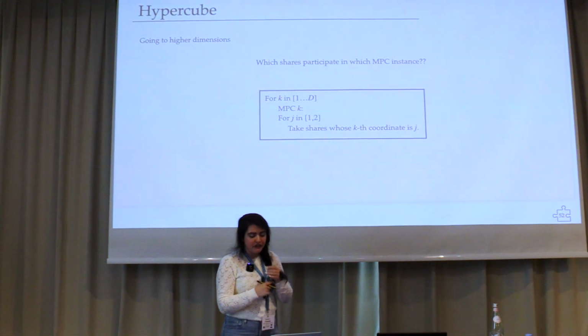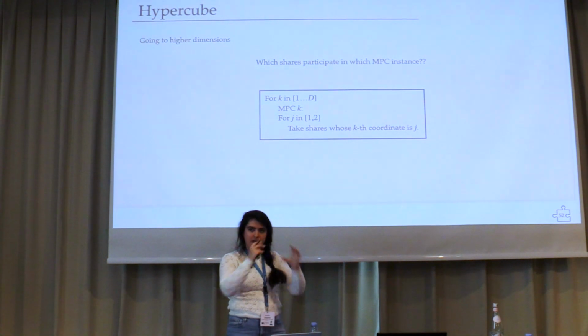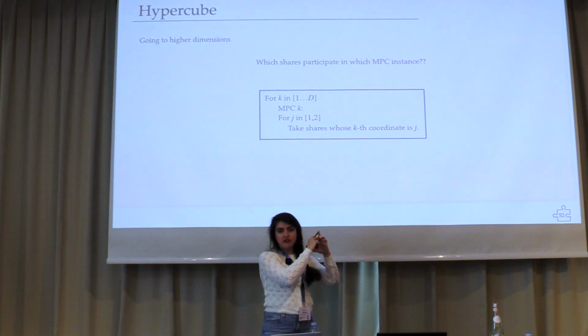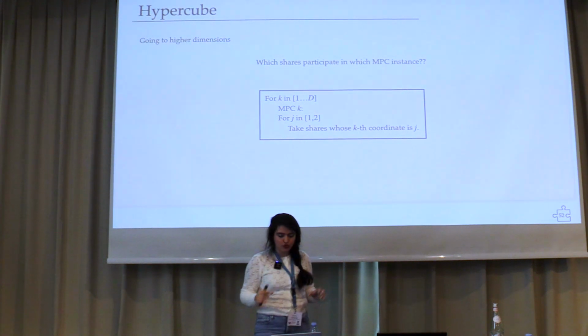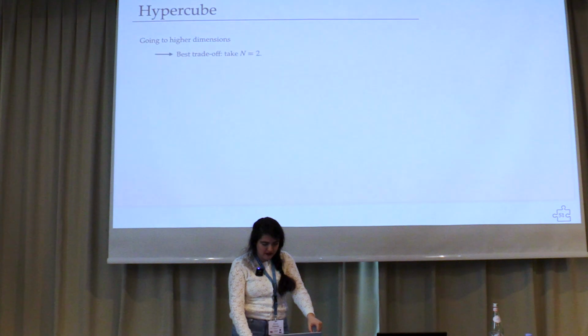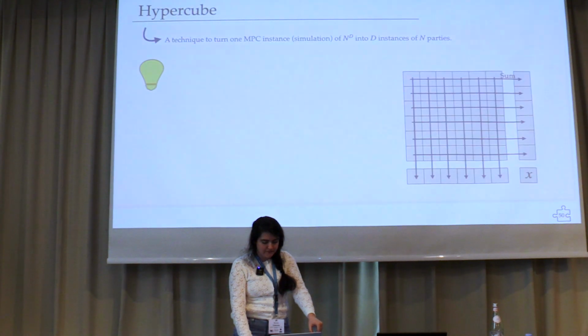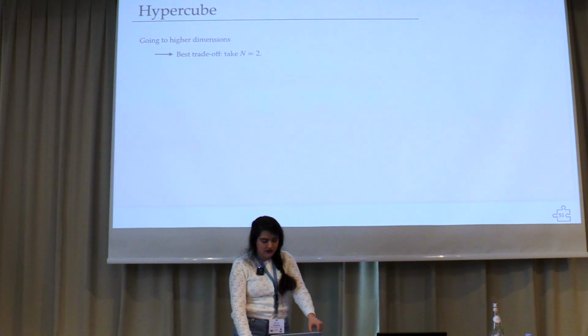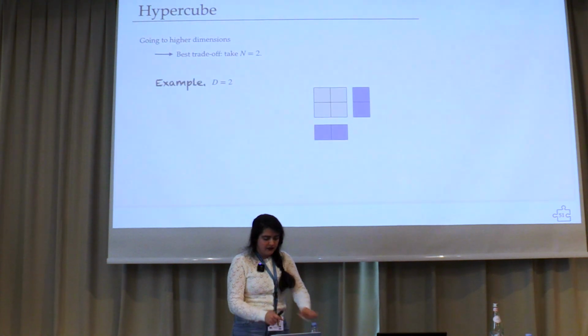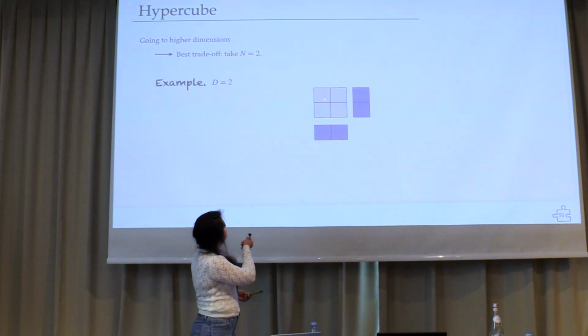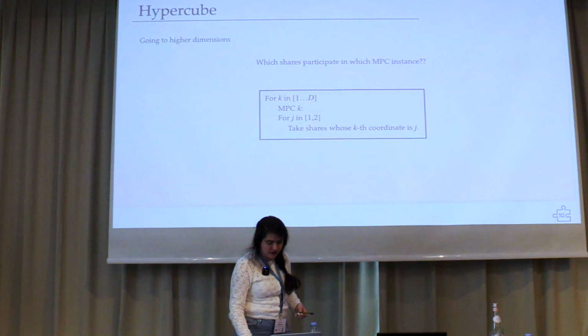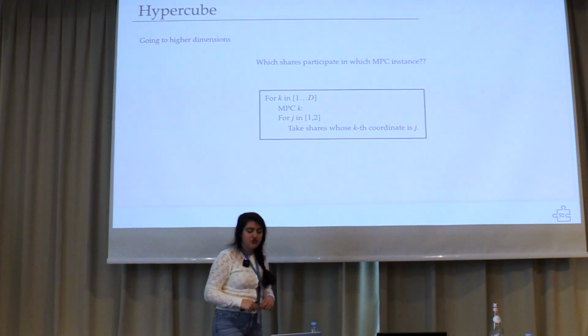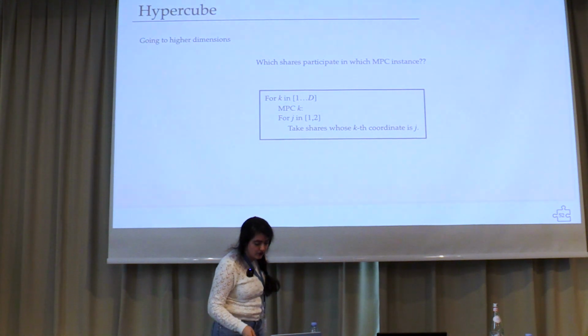And the way that you infer which mini shares go into which MPC protocol is with this algorithm here. Here it was easy because I'm looking at it in 2D, so this corresponds to the sum of these 2, this corresponds to the sum of these 2, and so on. But if you want to look at it in higher dimensions, this is how you find which shares contribute.